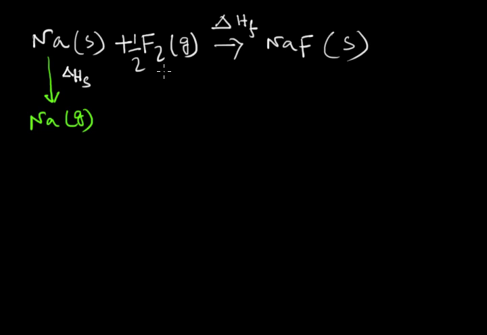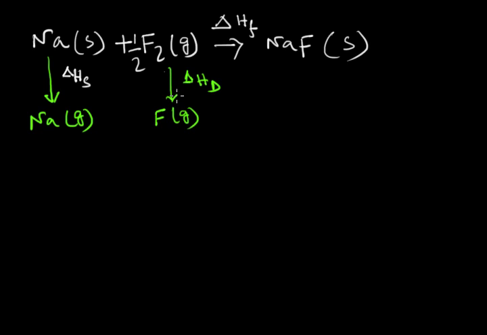In case of fluorine, F2 is converted to fluorine atoms by breaking the bond between two fluorine atoms, and the energy required is called enthalpy of dissociation.